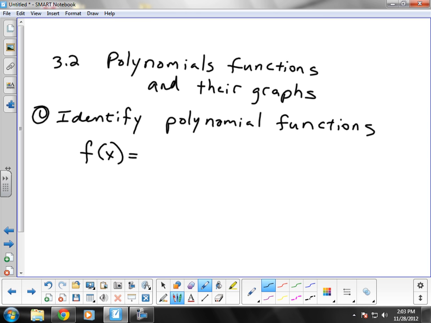F of x is equal to some number, I'm going to call it a sub n. There's going to be a number times a variable raised to a power. We're going to call that power n right now because I don't want to put a number in there.